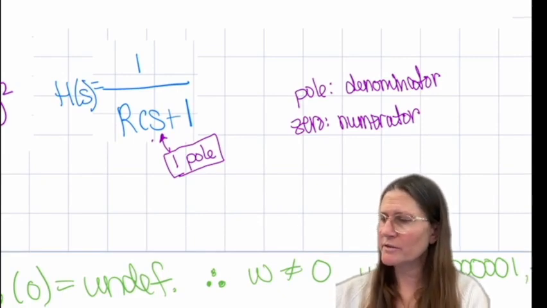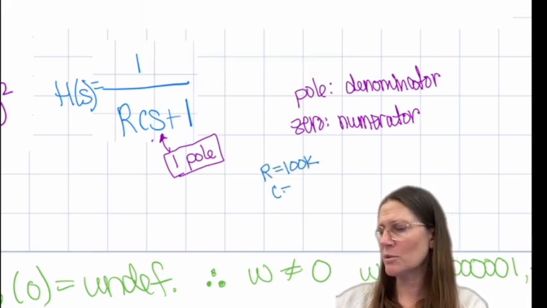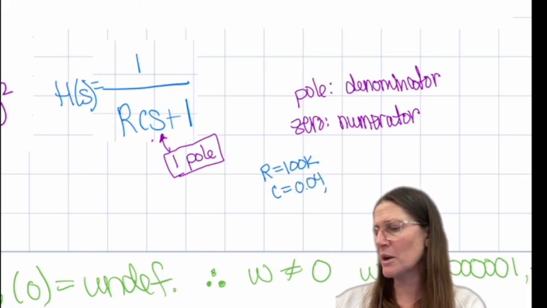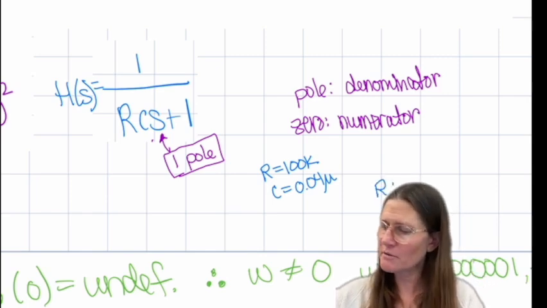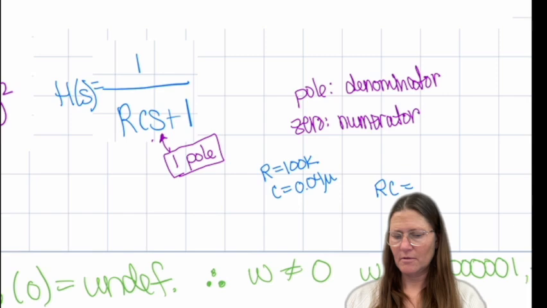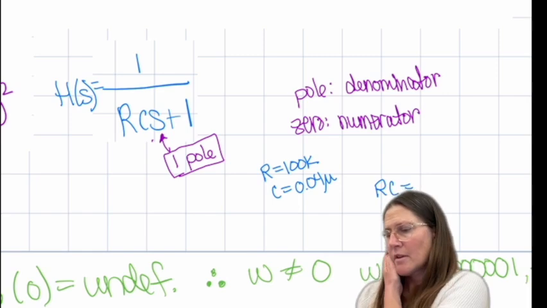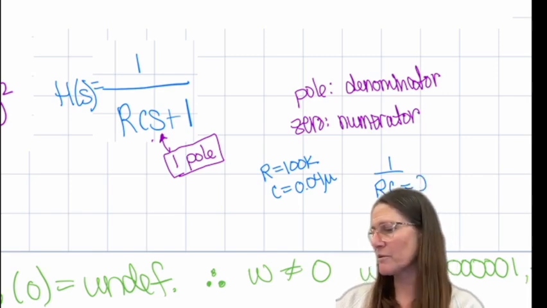So let's see, R was, let me calculate this out. R was 100K, and then C was 0.04 micro. And RC, so 1 over RC is 250.